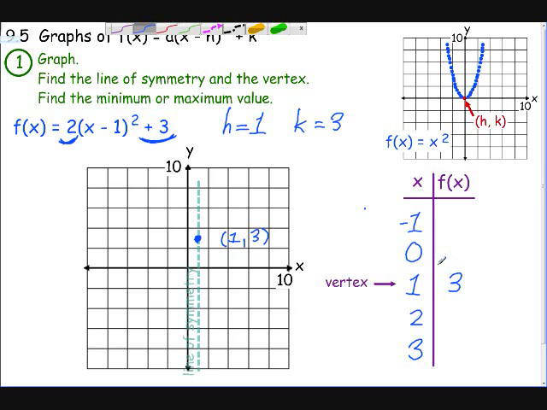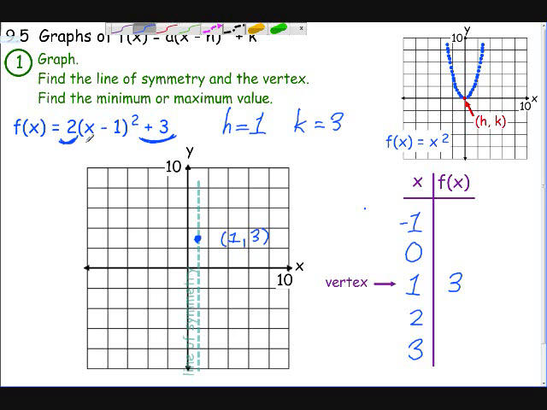Now, what's going to happen with my y? Let's try it out. If I put a 0 in here, I'll have -1. I square -1. Squaring -1 gives me +1.